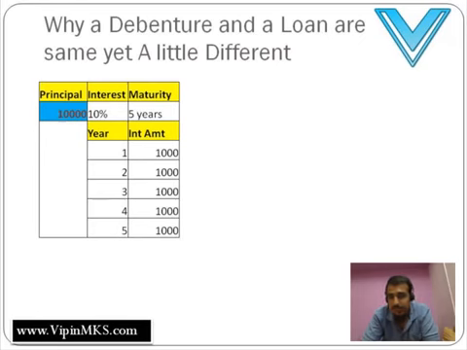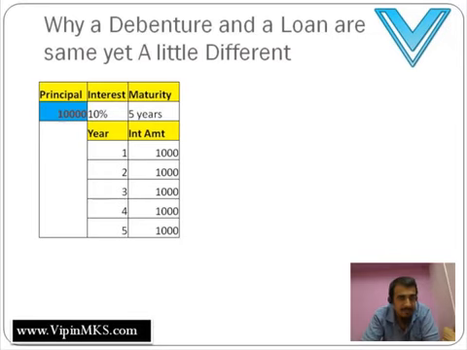When it comes to debentures, you don't do that. When it comes to debentures, the principal is repaid on maturity. As in 5 years from now, I'm going to get 10,000 back. But what about from now to the 5th year? From now till the 5th year, the money that will come into my account will be the 1,000 rupees, which happens to be the interest payment on my debenture.